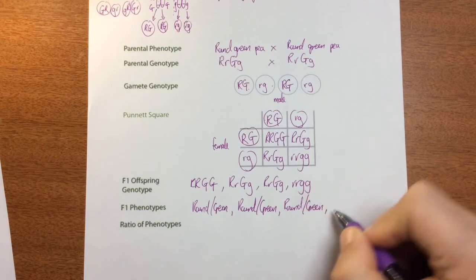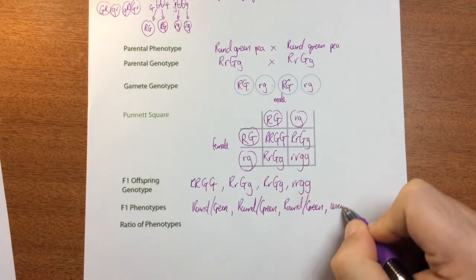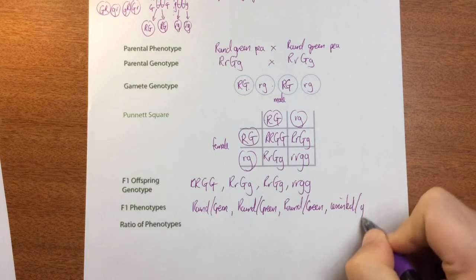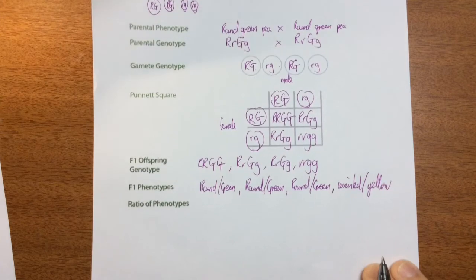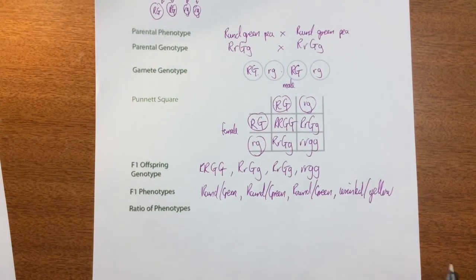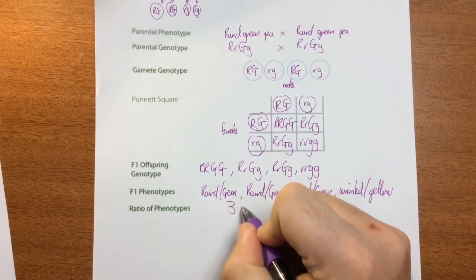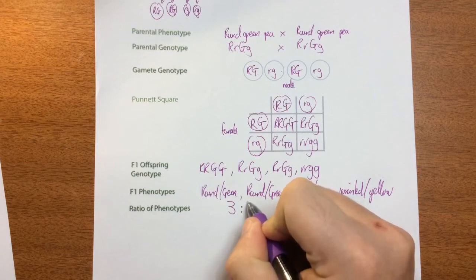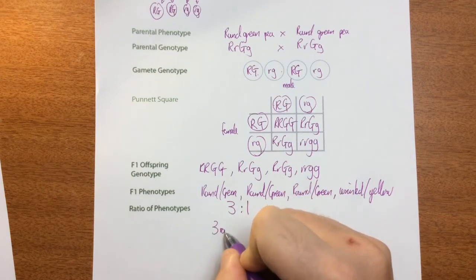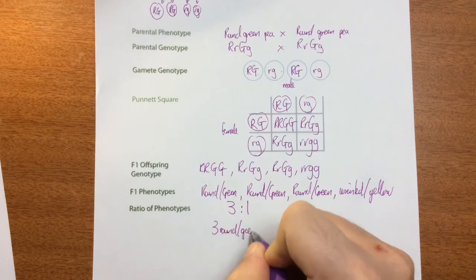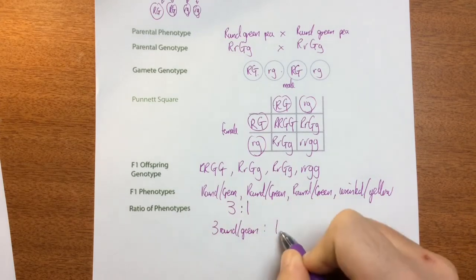And finally the 2 recessives together, so we get wrinkled and yellow. Ratio of phenotypes then, 3 to 1, so we've got 3 round and green to 1 wrinkled and yellow.